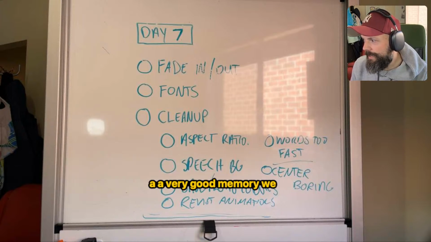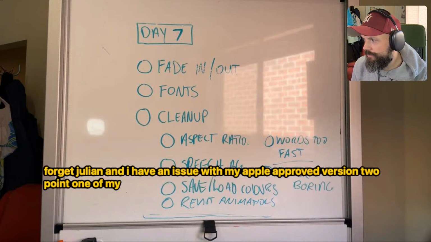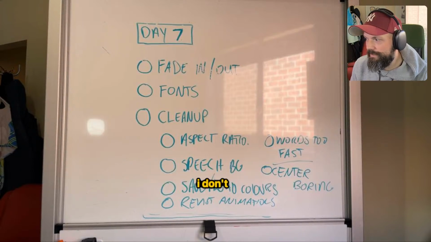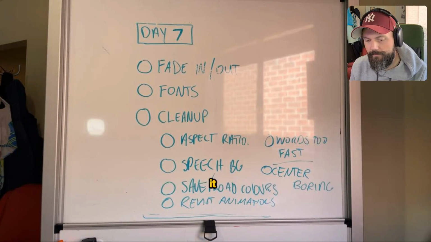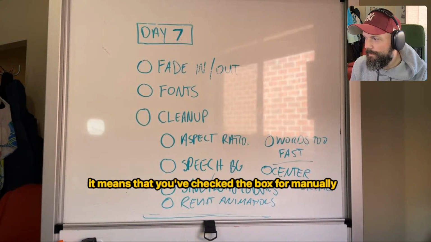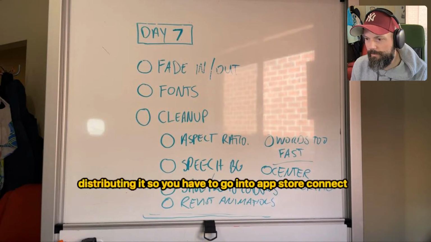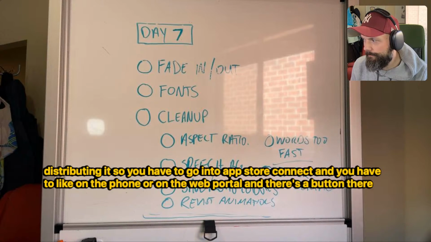Julian, I have an issue with my app. Apple approved version 2.1 of my app, and it's been in the ready for distribution state for 4 hours now. However, I don't see it on the App Store. When it's set to ready for distribution, it means that you've ticked a box for manually distributing it. So you have to go into App Store Connect, on the phone or on the web portal, and there's a button there to actually go live with it, Julian.